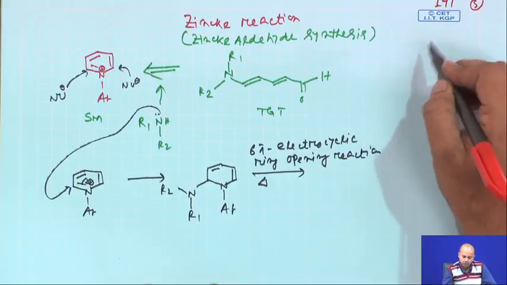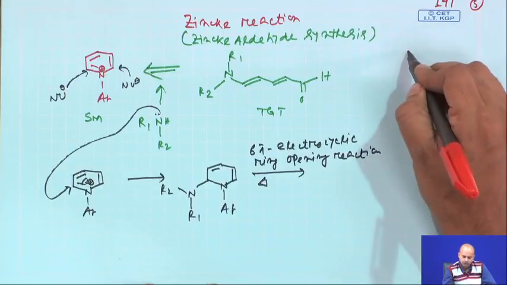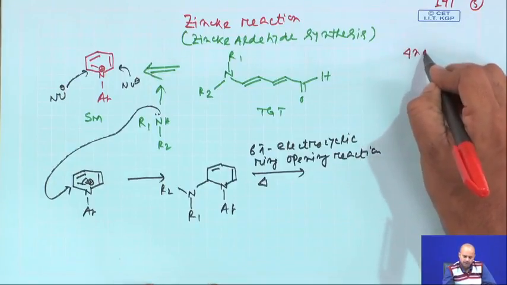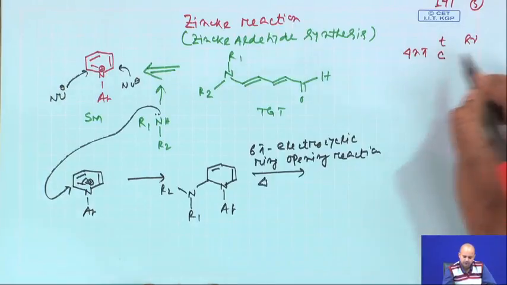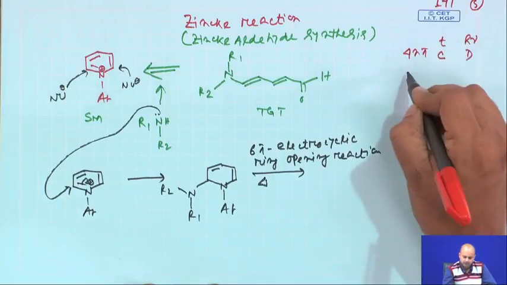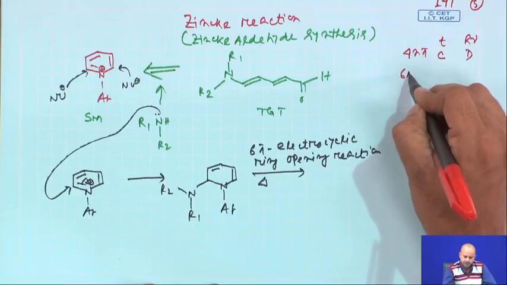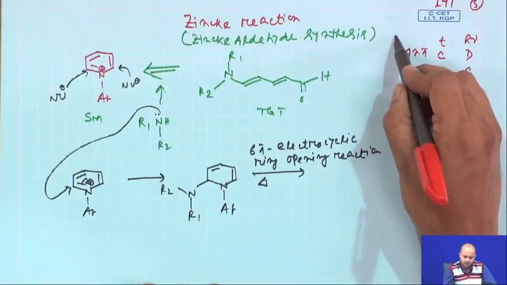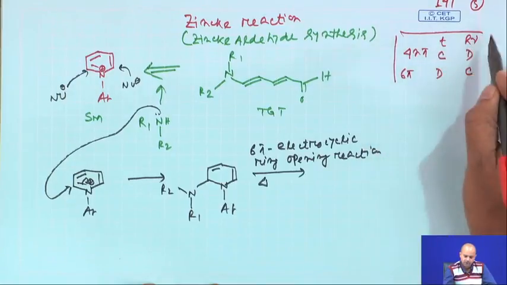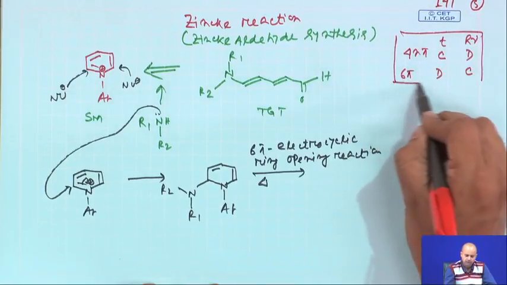The selection rule is: 4n pi thermal is conrotatory and photochemical is disrotatory; 6 pi thermal is disrotatory, photochemical is conrotatory. I am sure all of you know the selection rules for electrocyclic reactions.